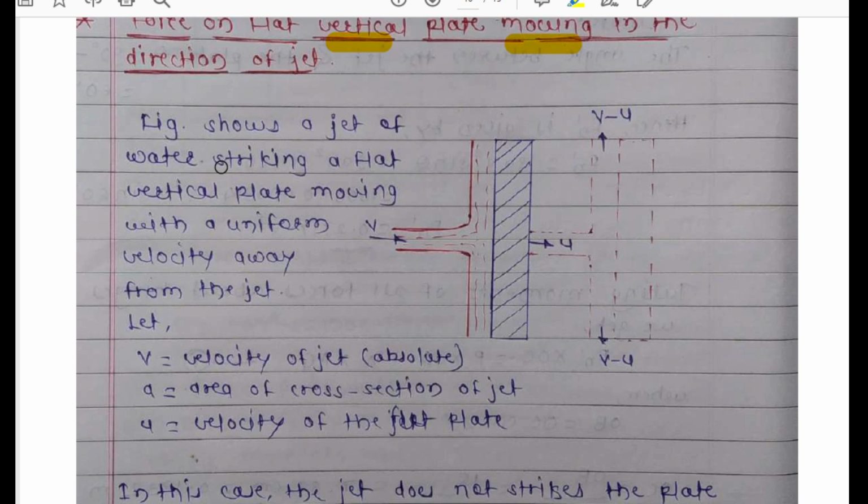From this diagram, the jet of water is striking on this plate. This plate is initially at this position, but when the jet strikes, as this plate is not fixed, you can see there is no support at both the edges of this plate, so this plate is a moving one.